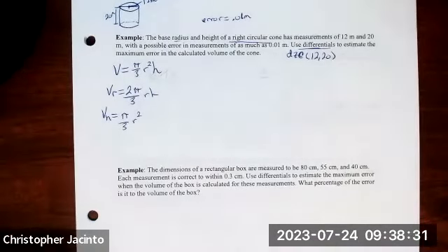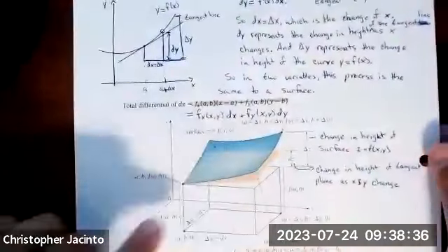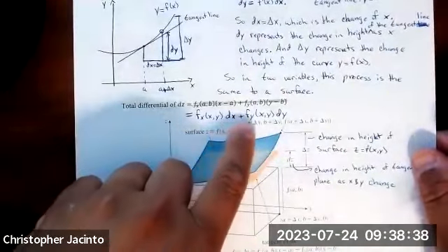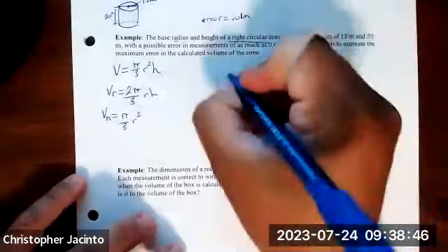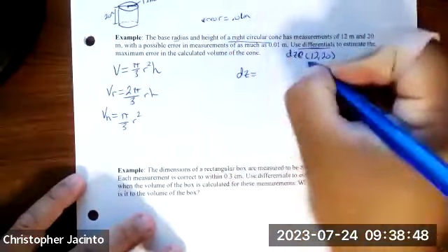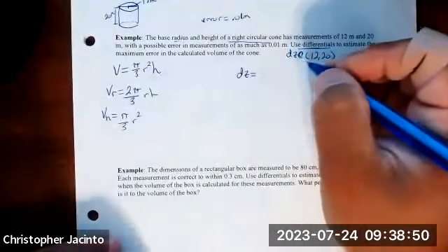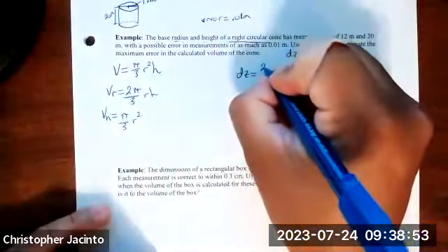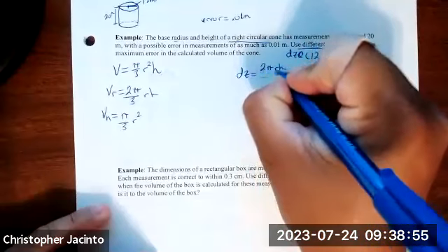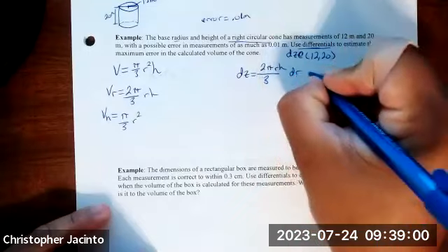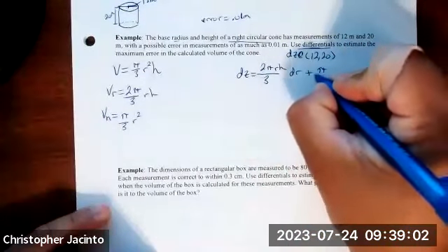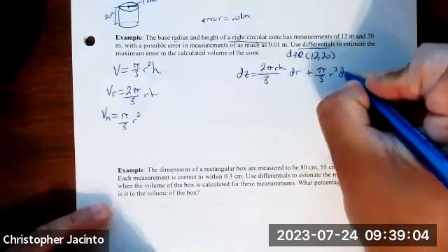So now, according to our equation, we're just going to write exactly that. But instead of x and y's, we have r's and h's. So dz, or the change of the volume, I guess we could call it volume if you want, is equal to 2 pi r h over 3 times dr plus pi over 3 r squared times dh.